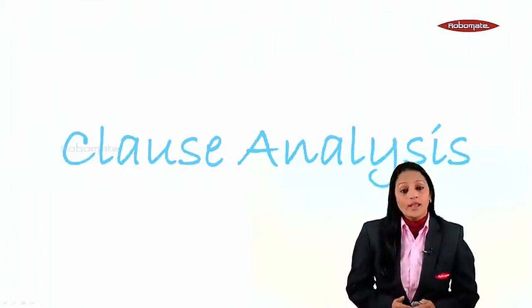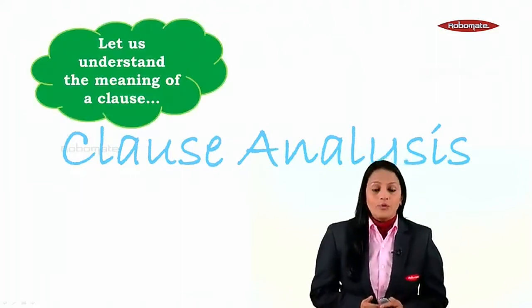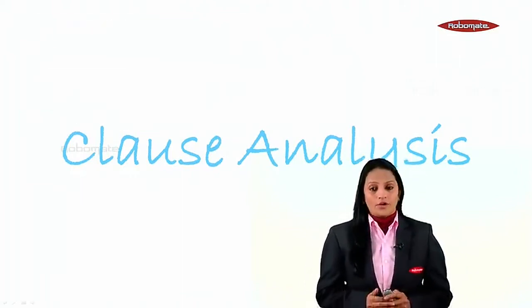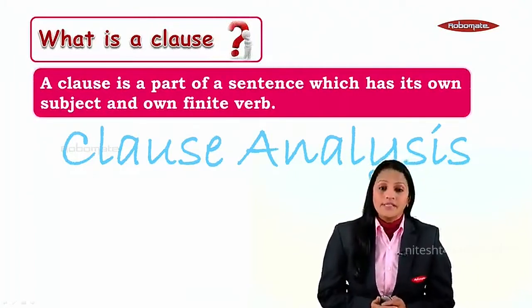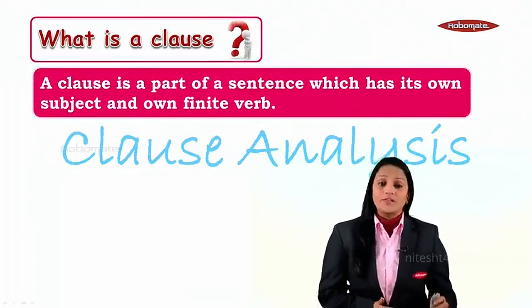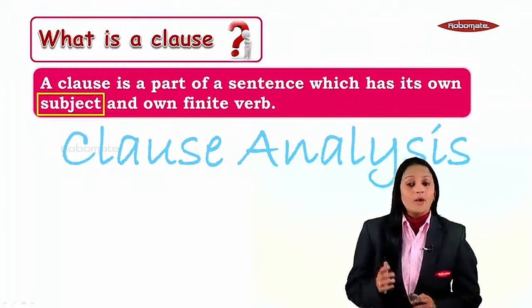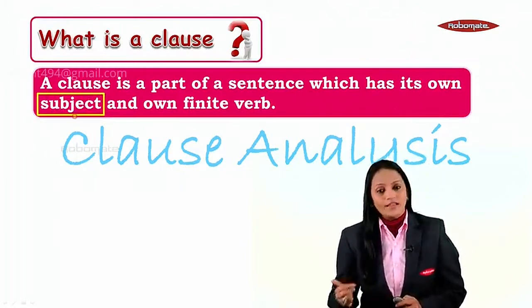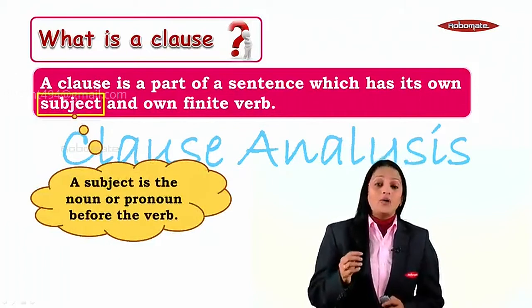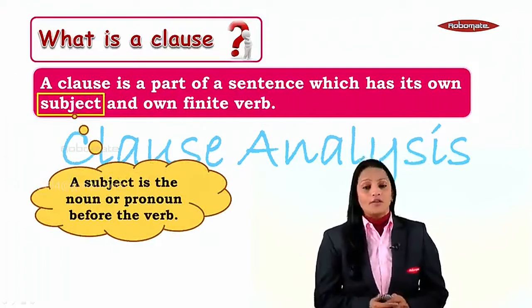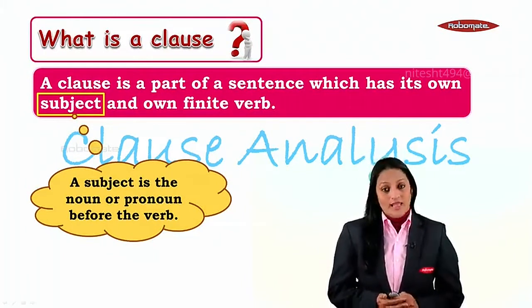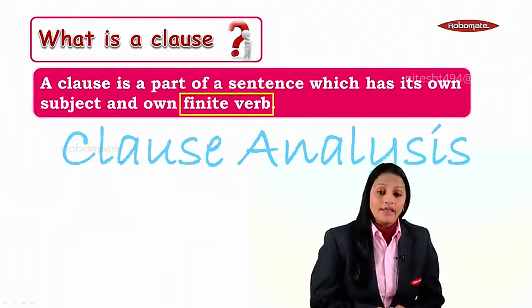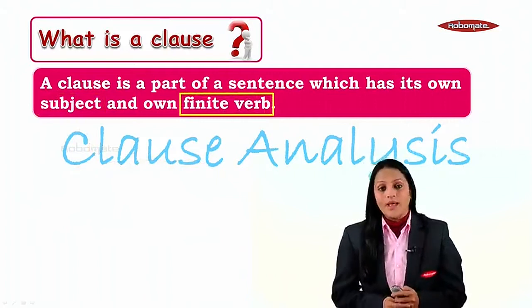Okay, so let's go ahead. Now first and foremost, let us understand the meaning of a clause. What is a clause? A clause is a part of a sentence which has its own subject and its own finite verb. What is the subject? We've already done this before, students. It is the noun or the pronoun that comes before the verb. Of course, it is something that we are going to speak about in the sentence. And what is the finite verb? You have done that as well before.